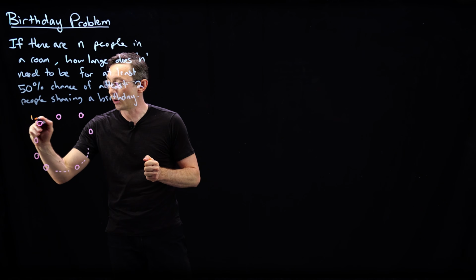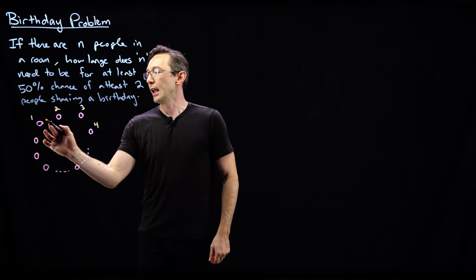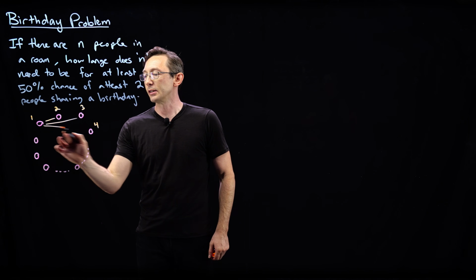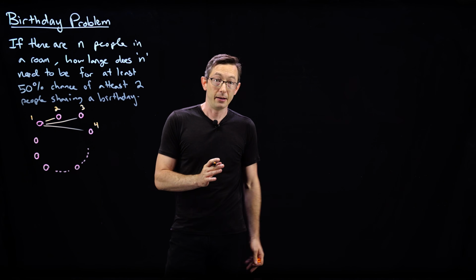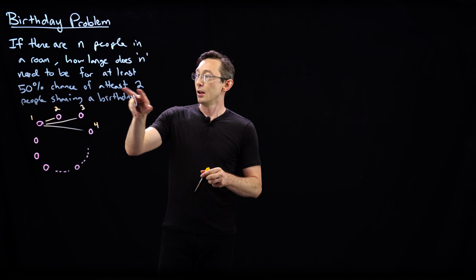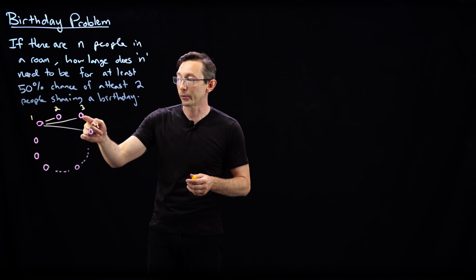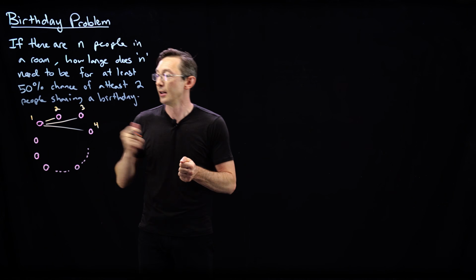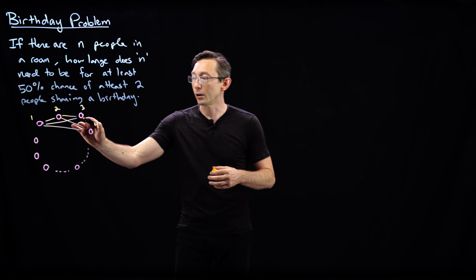Let's say this is person 1, person 2, person 3, 4, and so on. I'm going around the room looking at unique birthday comparisons. If two people share a birthday, it could be person 1 and 2, person 1 and 3, 1 and 4, and so on. It could be person 2 and 3, 2 and 4, 3 and 4, and so on and so forth.